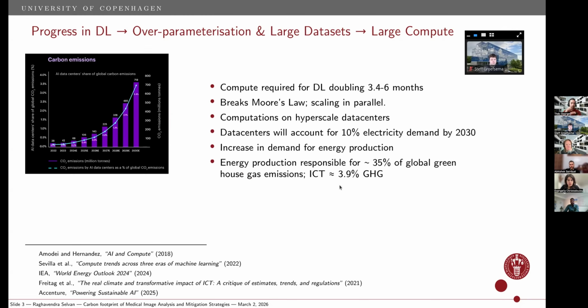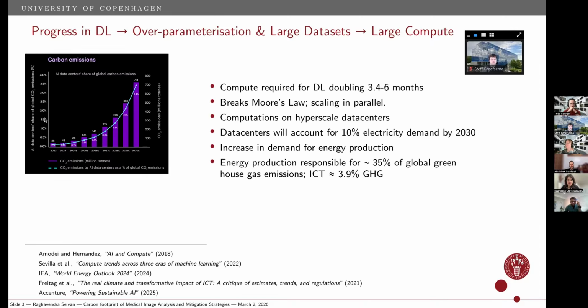Now, if you ask why this is of concern, it's because energy production also has a corresponding carbon footprint associated with it. This is based on a recent report from Accenture, where they look at the energy consumption just for AI, and they say it is going to follow this particular trend here, which is pretty crazy.